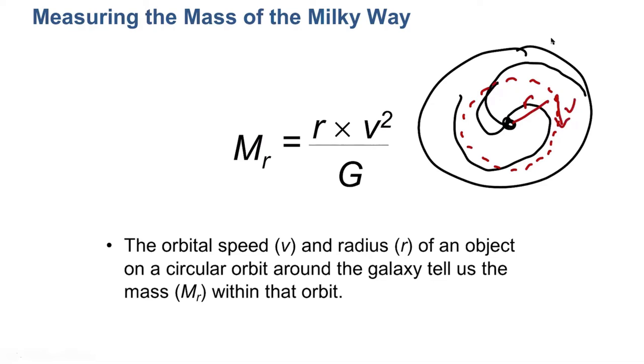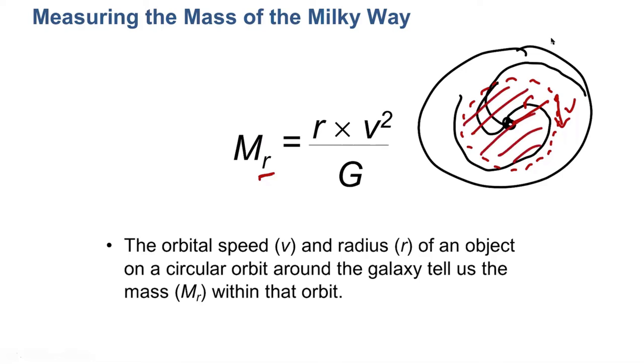This M r, this little subscript r, means it is only the mass that's interior to that orbit that you are measuring. It's an interesting fact that if you have a spherical distribution of matter, these equations work perfectly to give you all of the mass inside of that orbit and ignore all of the mass outside of that orbit.